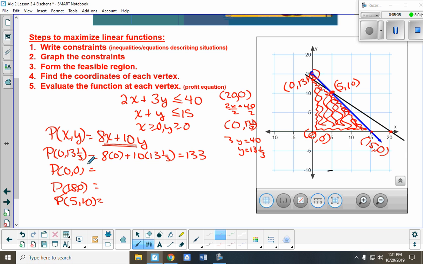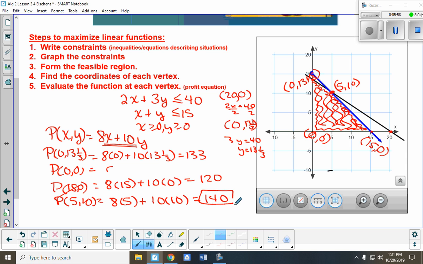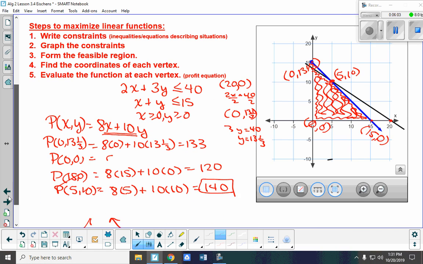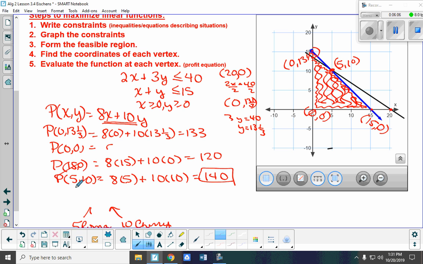And then 0 plus 0, that just gives you 0. And then 8 times 15, that gives you 120. And then lastly, 8 times 5 plus 10 times 10, that would be 40 plus 100. It's 140. So right there is where we get the maximum number of pounds, and that is when X, which is the number of Roma tomato plants, would be 5 and 10 cherry tomato plants.